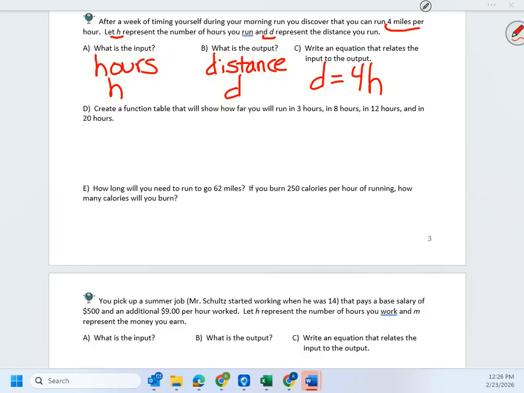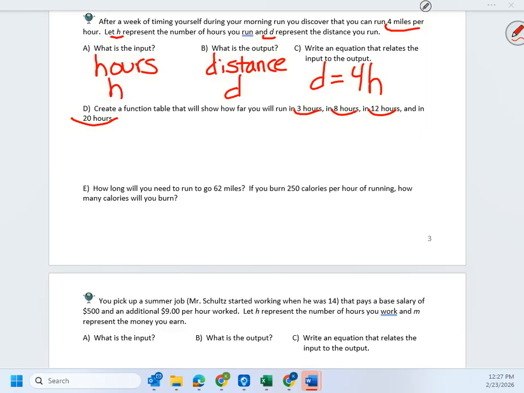Okay, we're gonna do more of these, so if this one's a little confusing, it's okay, we're building on it. So we're gonna create a function table that will show how far you run in 3 hours, 8 hours, 12 hours, and 20 hours. Now, here's a really helpful hint for this objective, so I need us all hearing this. I need you to put that away so you're listening.